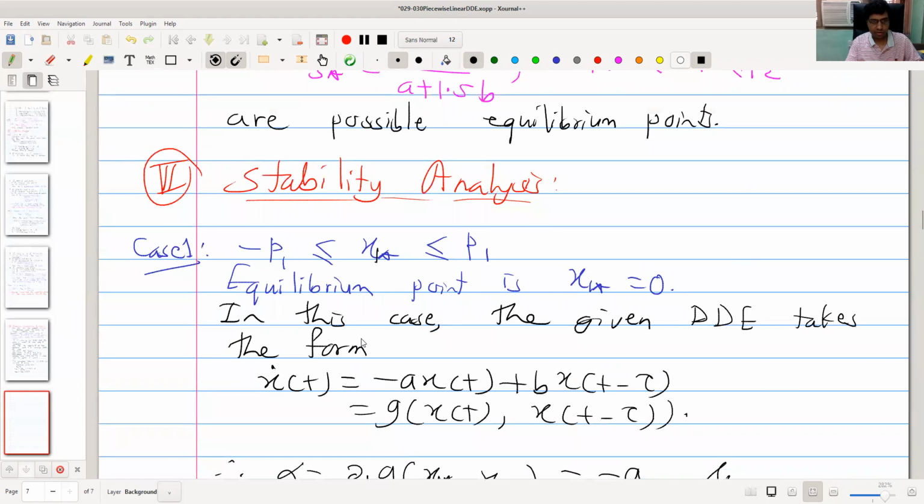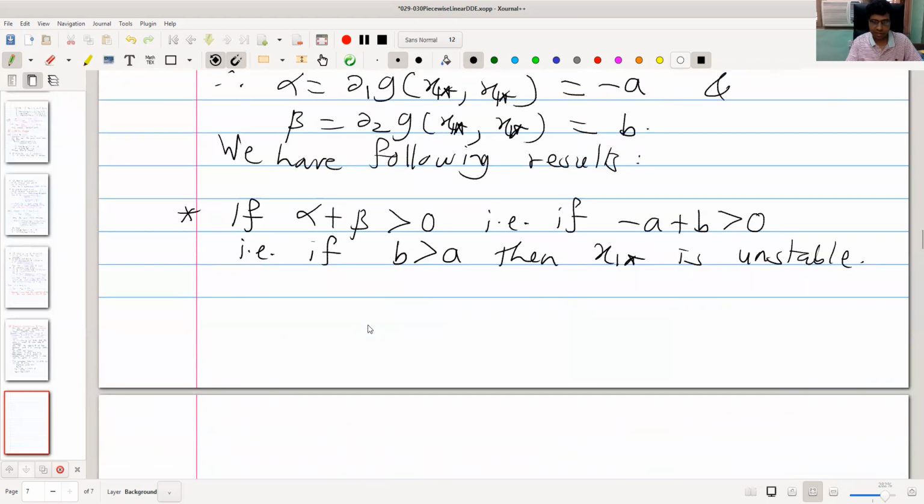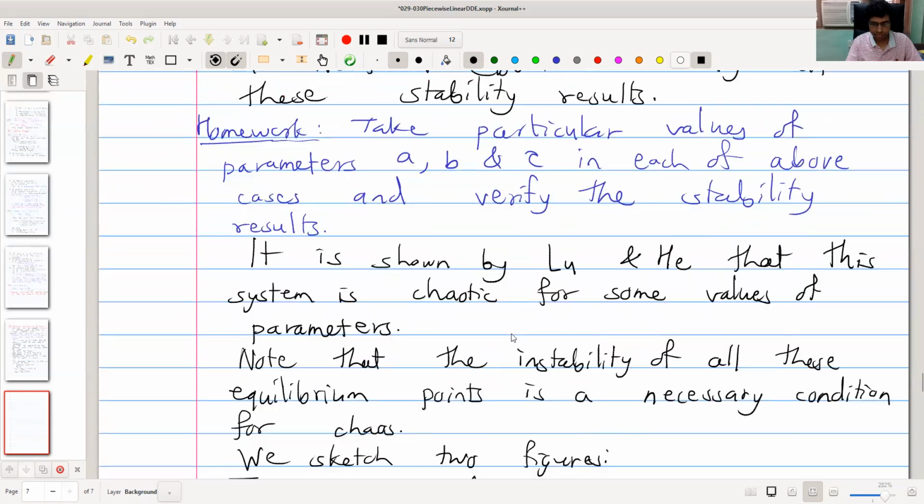Stability of x1 star equal to 0. The first case was if b is greater than a, then x1 star is unstable. Our b is 0.2 and a is 0.16. So b is greater than a. So by this condition, we can declare that x1 star equal to 0 is unstable for any delay tau.